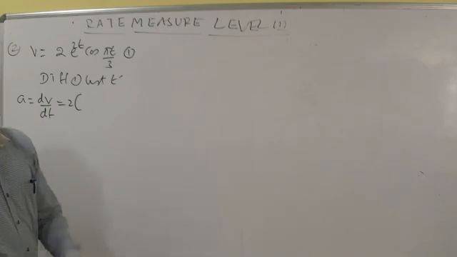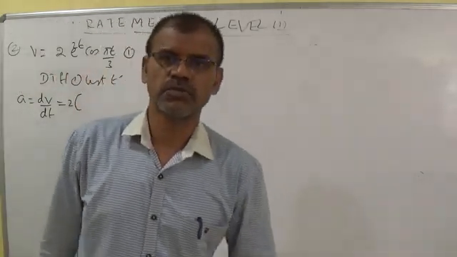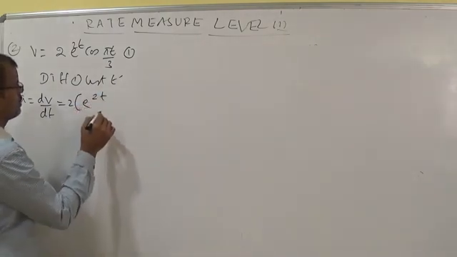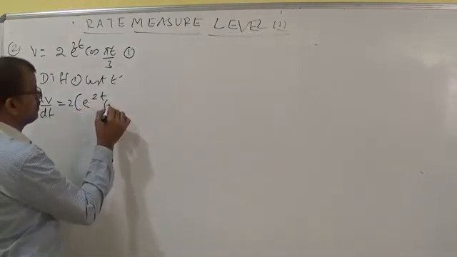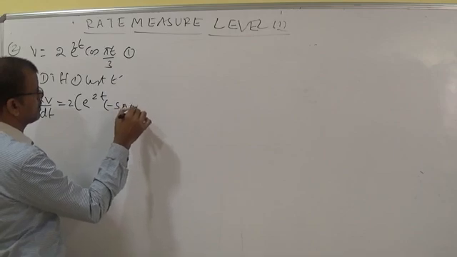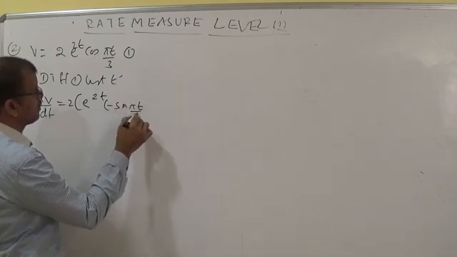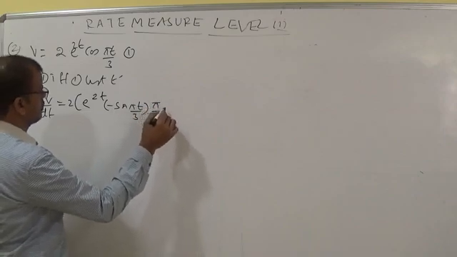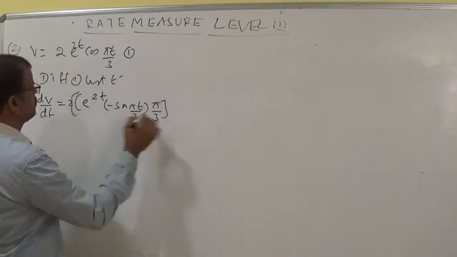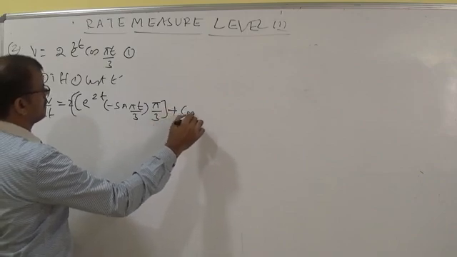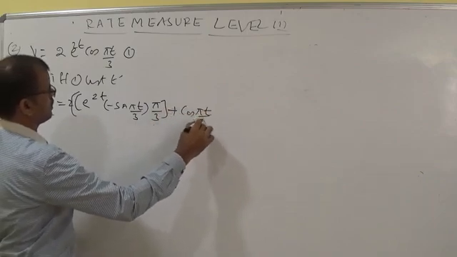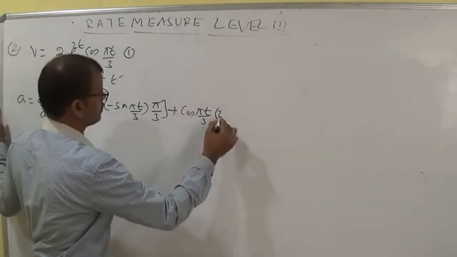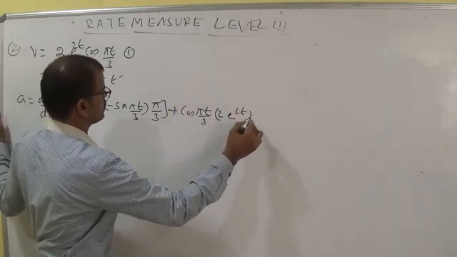The formula is (uv)' = uv' + vu'. So uv': e^(2t) into minus sin(πt/3), the derivative of cos x is minus sin, into the internal derivative π/3. uv' is completed. For vu', I am writing cos(πt/3) into the derivative of e^(2t), which is 2e^(2t).